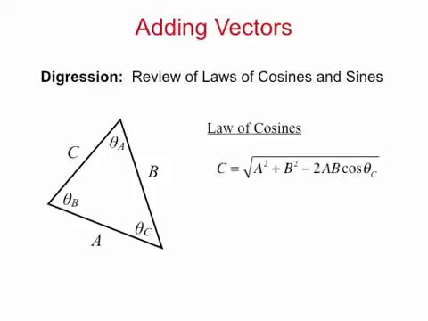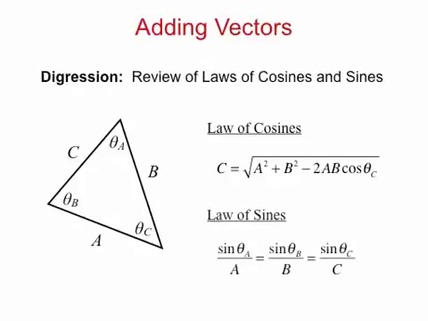The law of cosines lets us calculate the length of any of the sides of the triangle from the lengths of the other two and the opposite angle. For example, C is given in terms of A, B, and theta sub C by C equals the square root of A squared plus B squared minus 2AB cosine theta sub C. The law of cosines is often viewed as a generalization of the Pythagorean theorem to the case of non-right triangles.